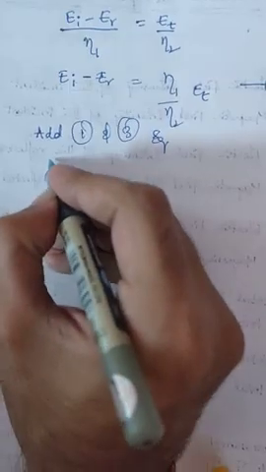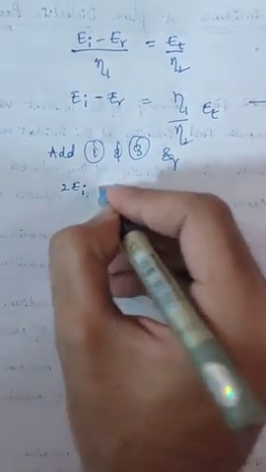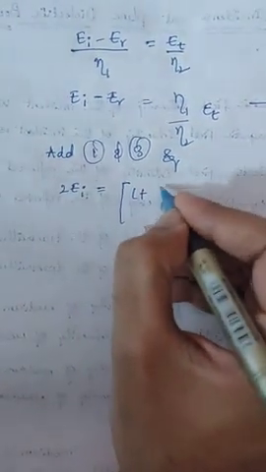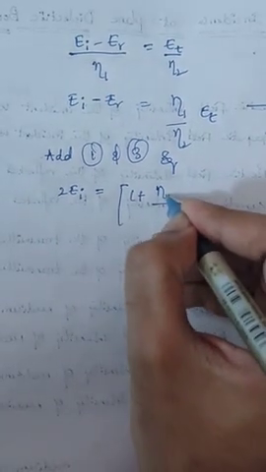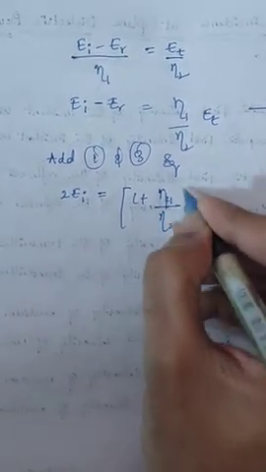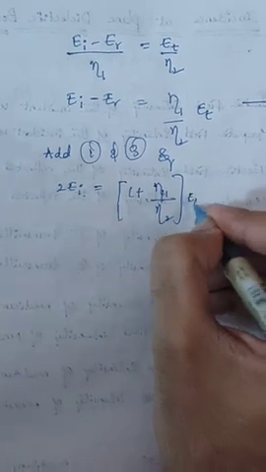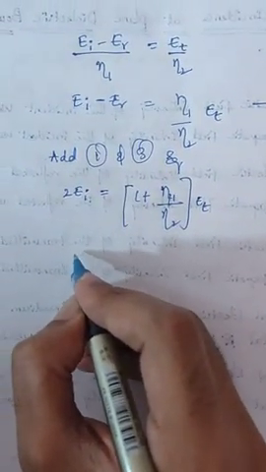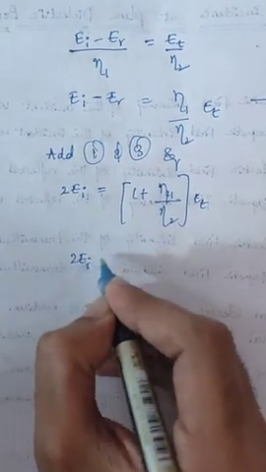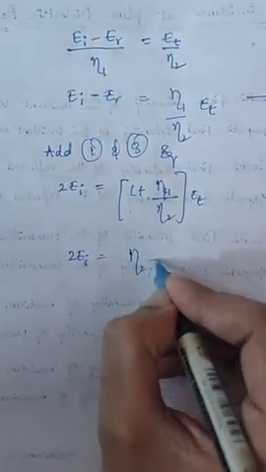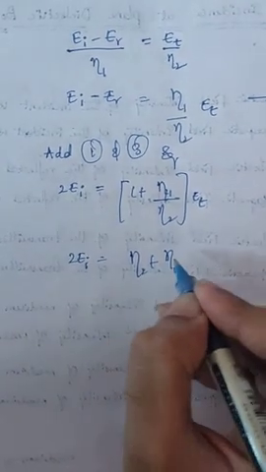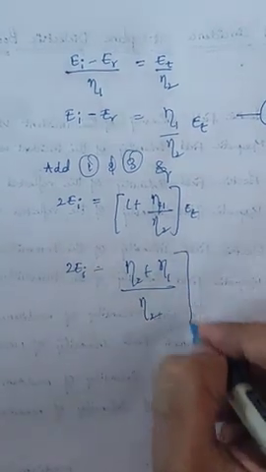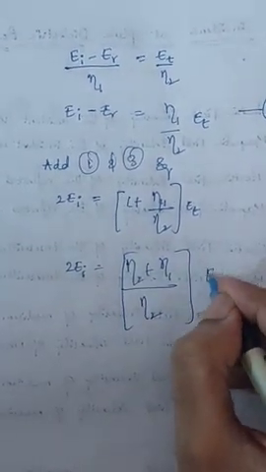Okay, so by adding these two equations you will get 2EI is equal to (1 plus eta 1 by eta 2) ET. So 2EI is equal to ((eta 2 plus eta 1) by eta 2) bracket of ET.